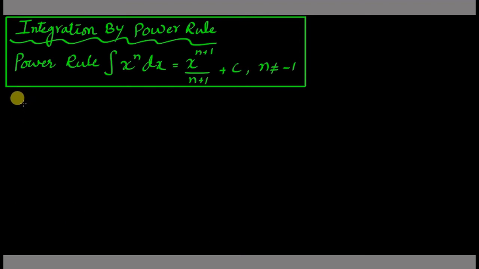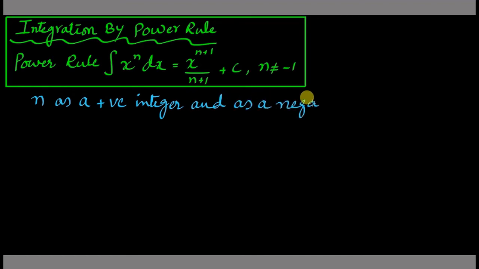So what we have studied so far: we can choose n as a positive integer and as a negative integer, but the restriction is we cannot choose negative 1.